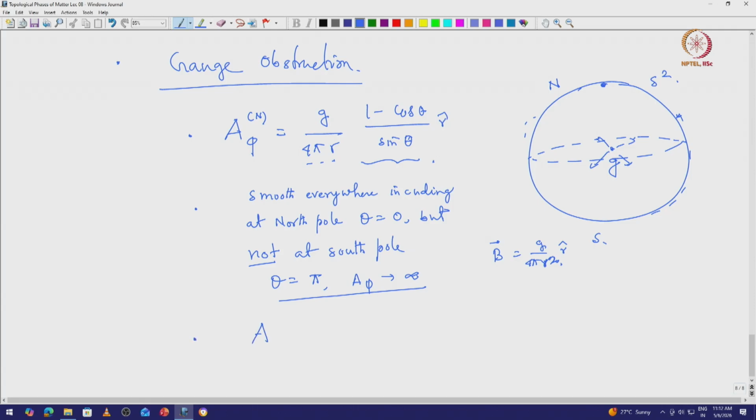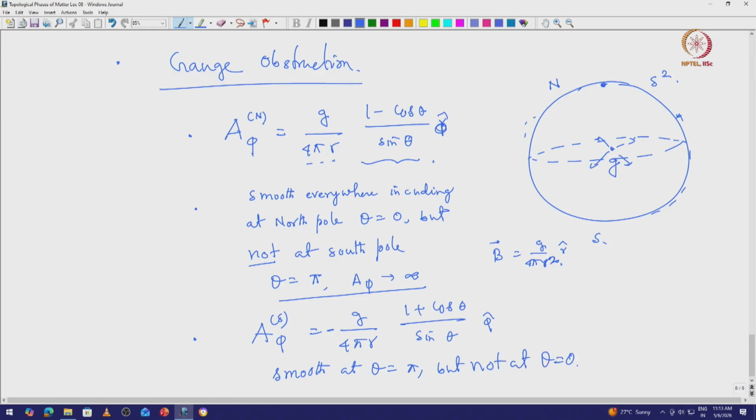On the other hand, you can define another potential, which will be smooth at theta equal to pi, but not at theta equal to 0, and both will however give you this.